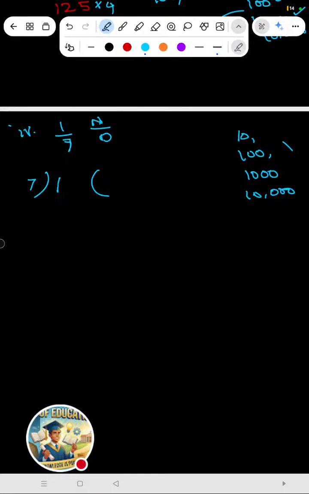Here 1 is smaller than 7, so to solve this you have to take 0 here, here 10. It is decimal. Now 7 ones are 7. 10 minus 7 is 3 you are getting.